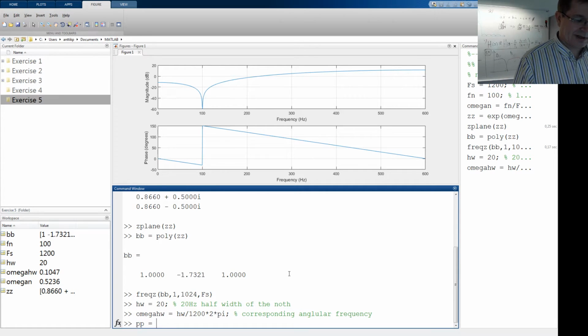Pole equals 1 minus omega hw times the exponential of something, but we already have it. It's on the same angle, so we just multiply it. It's basically just the distance that changes.